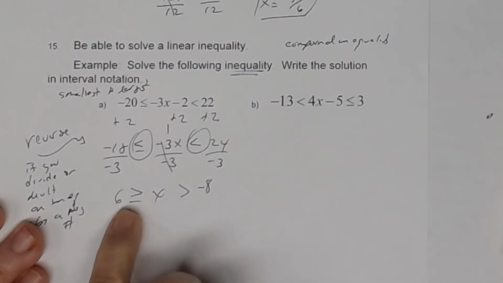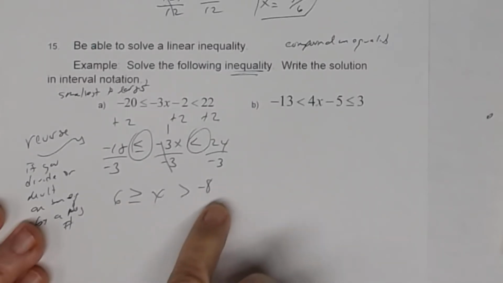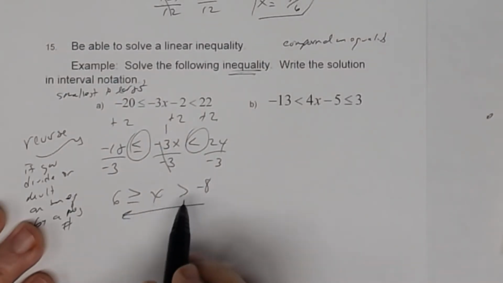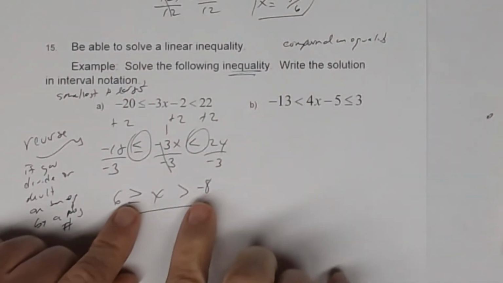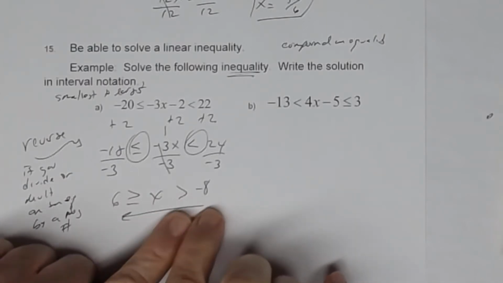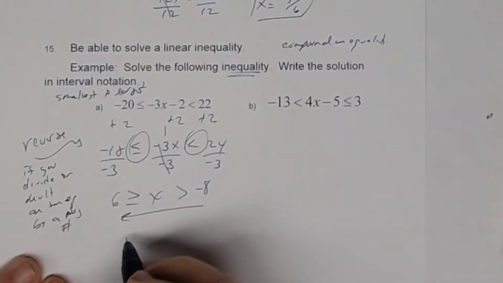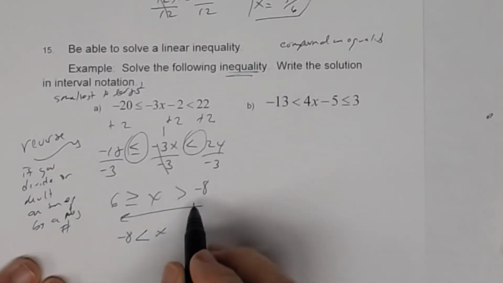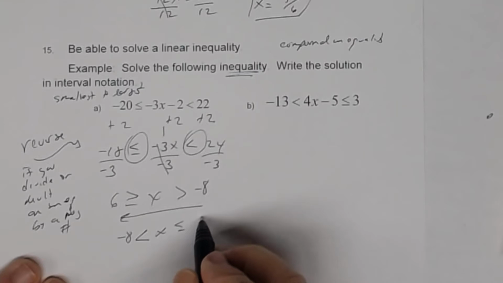So notice 6 is bigger than negative 8. So what you need to do is rewrite this so you don't mess up. So go backwards. You see how these symbols are pointing in the same direction? So go backwards. You get negative 8 is less than x, is less than or equal to 6.